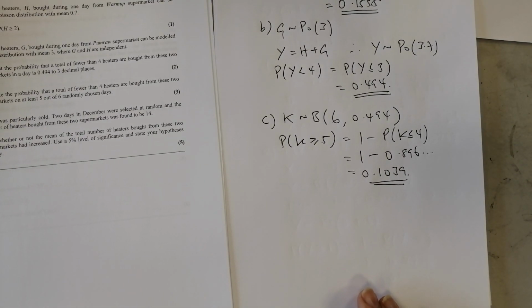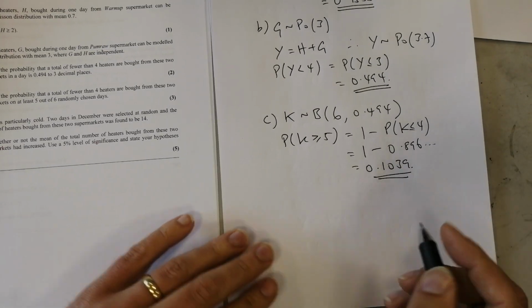And finally, part D, December was particularly cold. 2 days in December were selected at random, and the number of heaters bought were found to be 14. Test whether or not the number of heaters bought from these 2 supermarkets has increased at the 5% level.